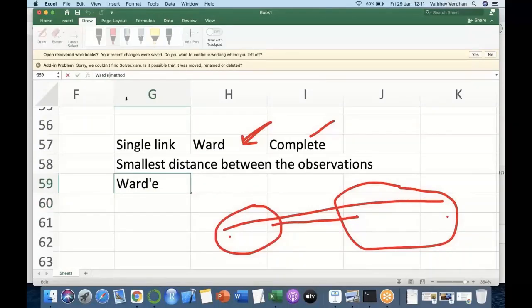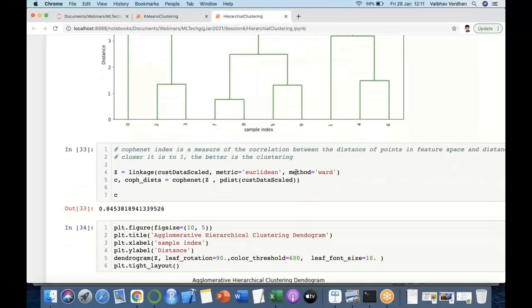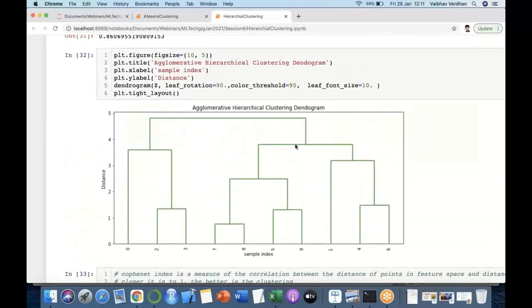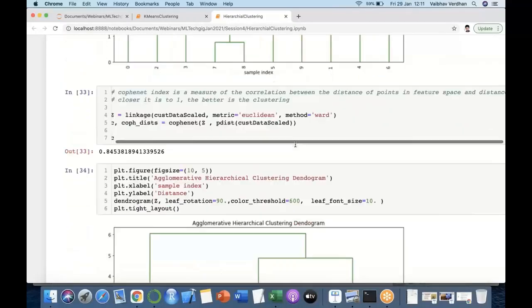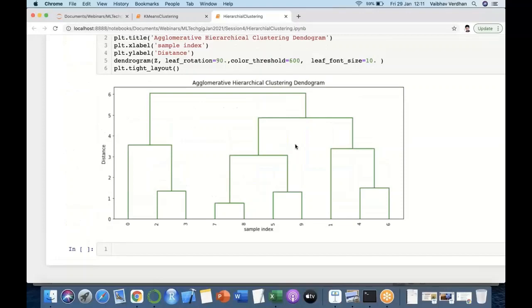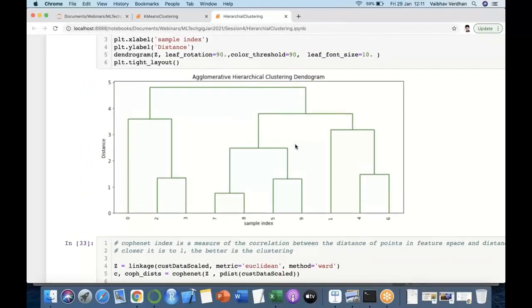Okay, now what it means is that I have different methods to measure the similarity, and based on that you can see that my values of hierarchical clustering are giving me different dendrograms. Now over here it is up to me what is the most optimal number of clusters I would want to choose.